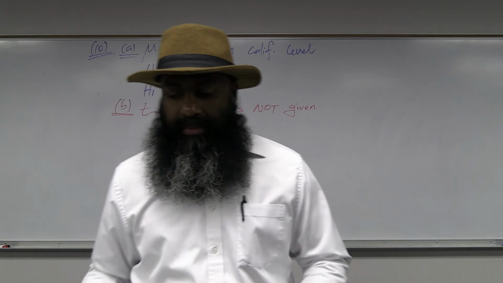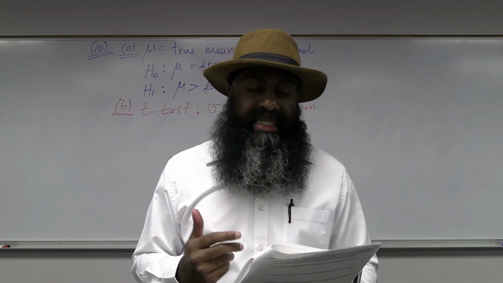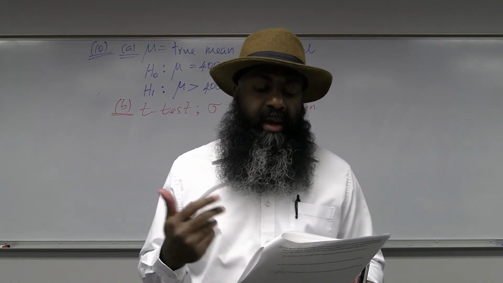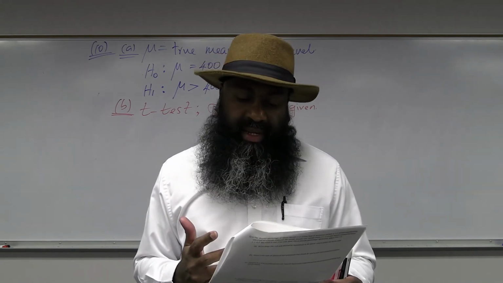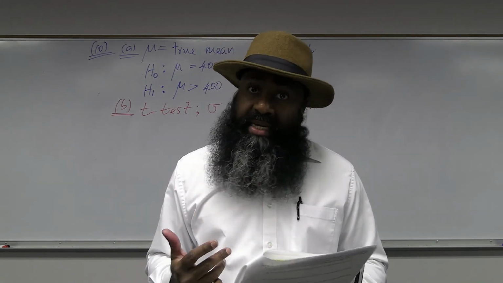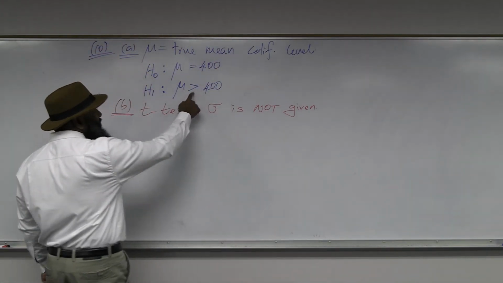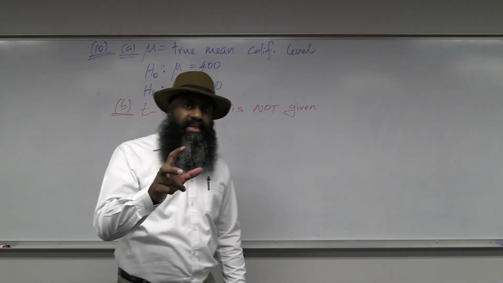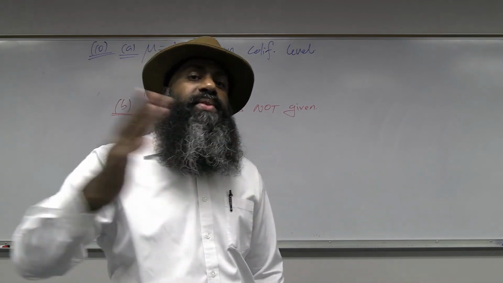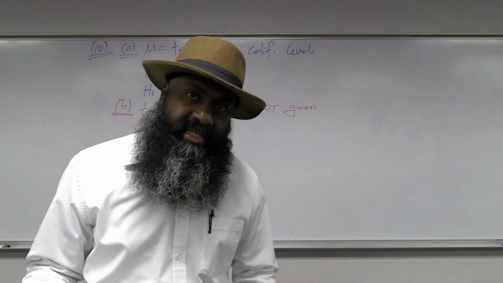And part C, construct a 95% confidence interval. Test the hypothesis using the confidence interval. Interpret the test result clearly. Well, this is the right-sided test, so what I need is a 95% upper confidence interval. So what's the first step?